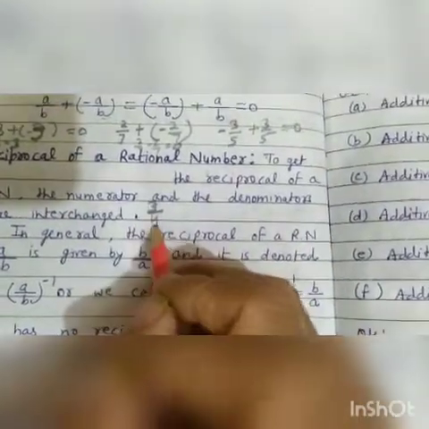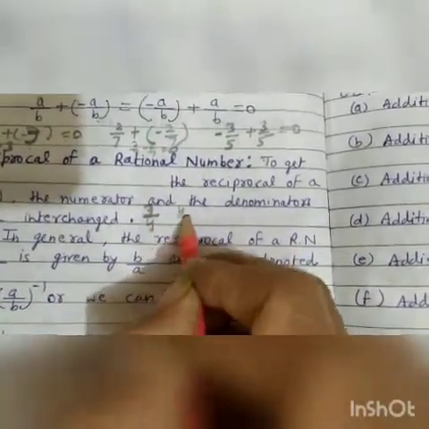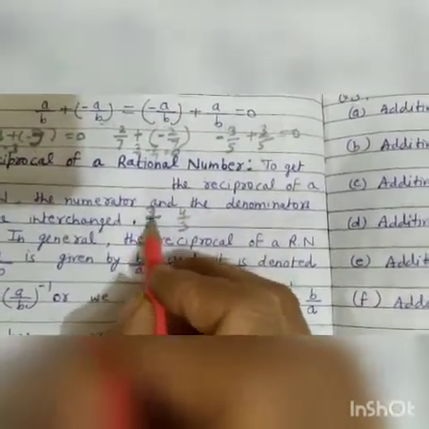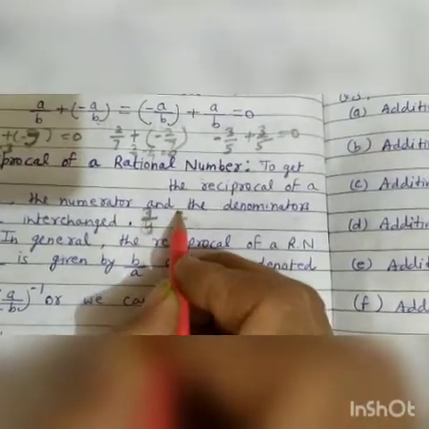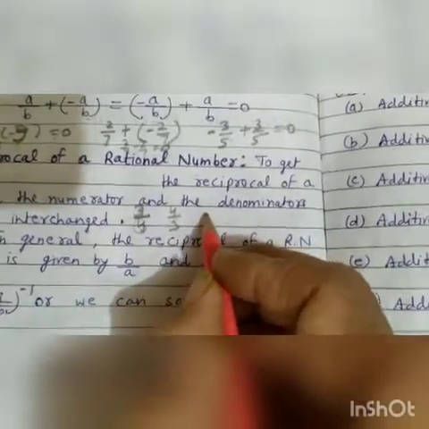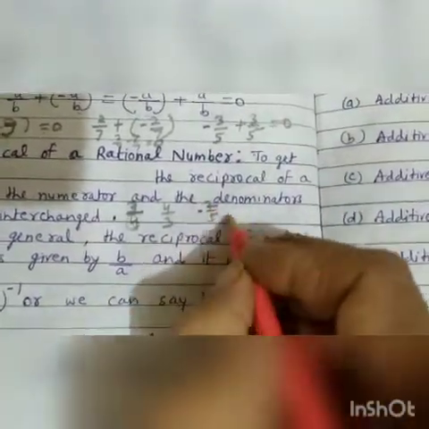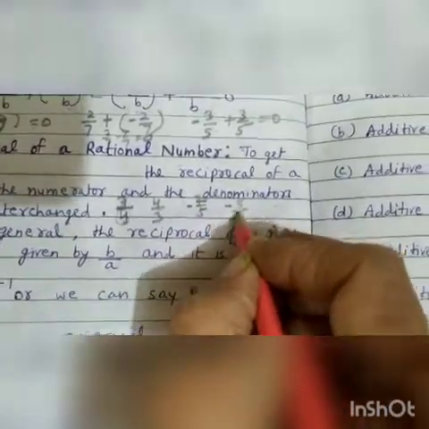This is its numerator and this is its denominator. So its reciprocal will be 4 upon 3. This denominator will be written in the numerator and this numerator will be written in the denominator. If it is minus 2 upon 5, then it will be written as minus 5 upon 2.